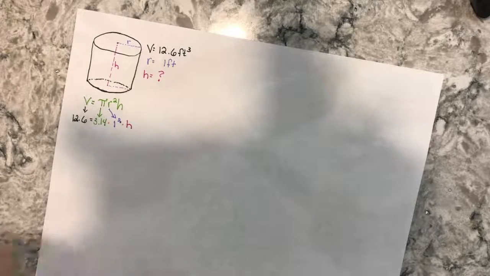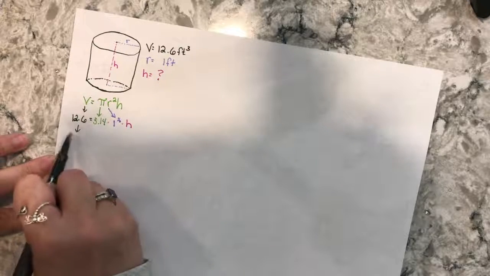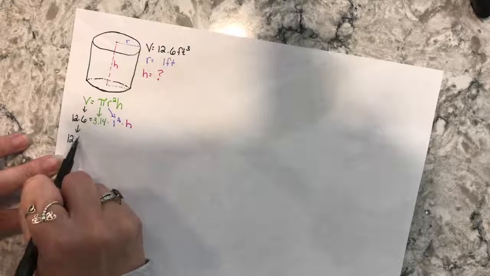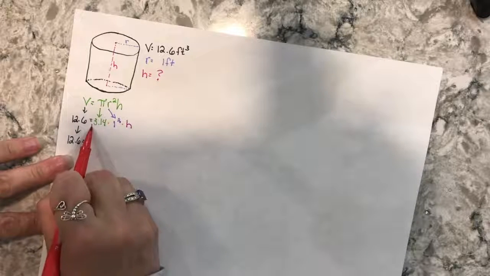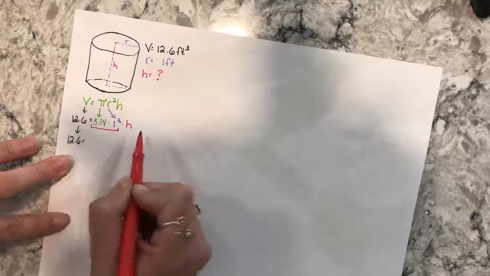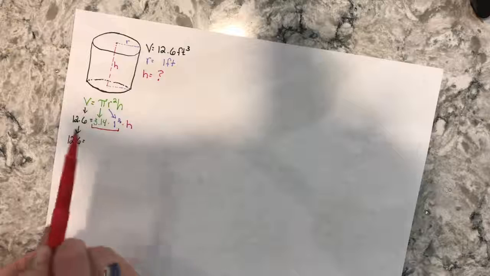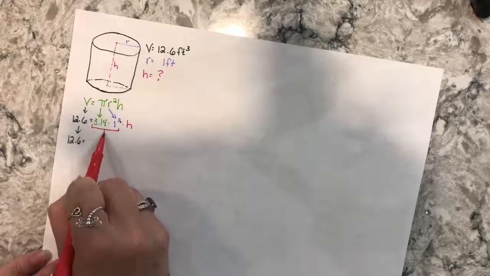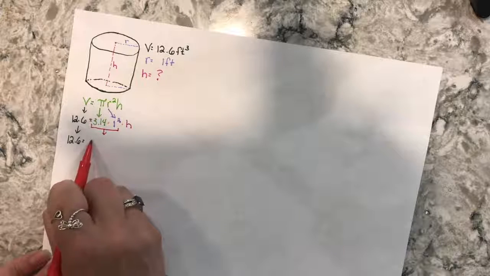Now we're going to go through and do whatever math is possible. Carry down the 12.6 because we're not touching it yet. You don't want to lose it or leave it behind. So the only math possible here is 3.14 times 1 times 1, which we know is 1, times 3.14, which is just 3.14.